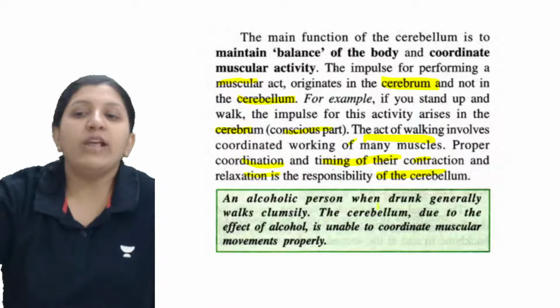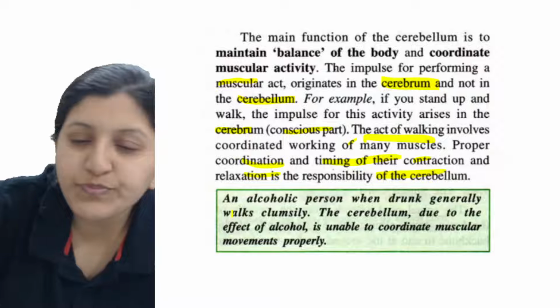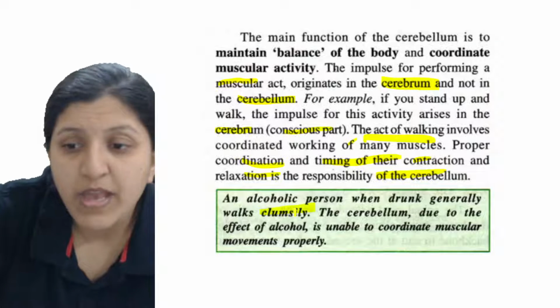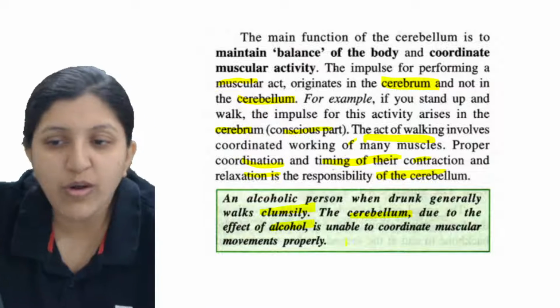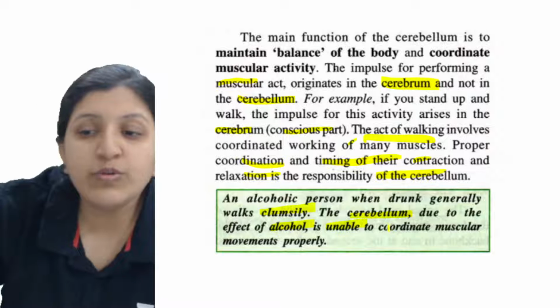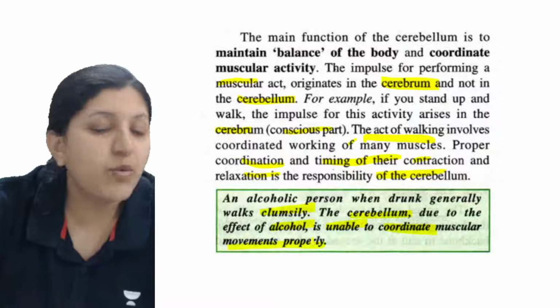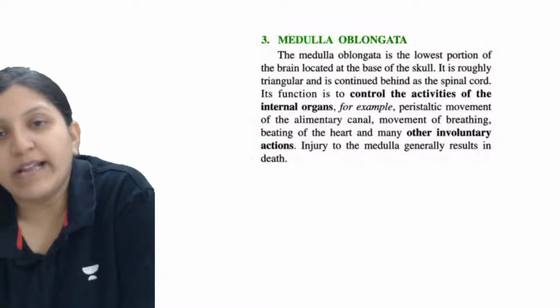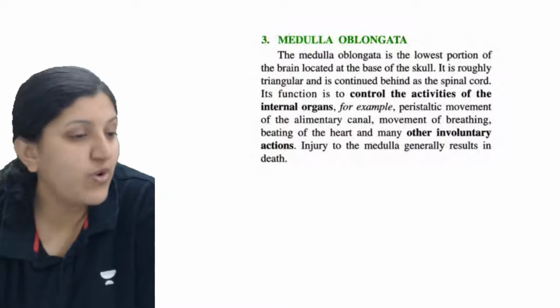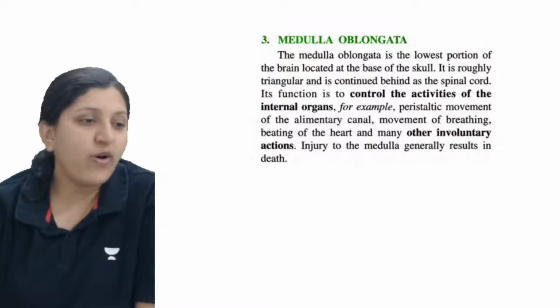An alcoholic person when drunk generally walks clumsily, because the cerebellum, due to the effect of alcohol, is unable to coordinate muscular movements properly. That's the reason the cerebellum of one who drinks alcohol does not work properly.